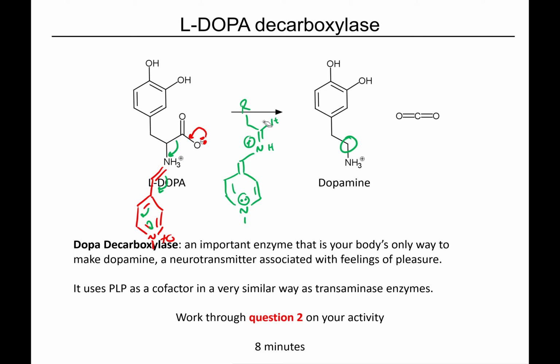So what we need to think about doing is picking up a proton from a general acid in our active site. So let's just expect that there's some general acid here. These electrons get pushed back up through our ring system, all the way back up to the pi system, and ultimately we pick up a proton from that general acid.